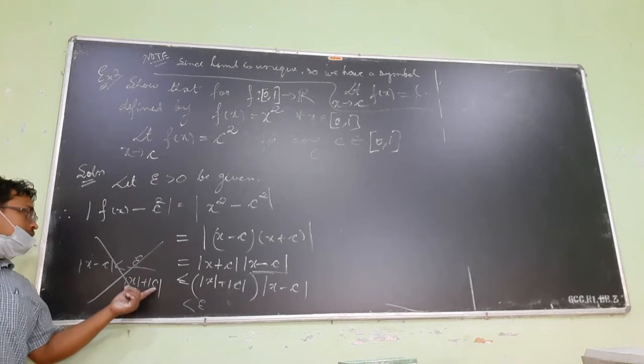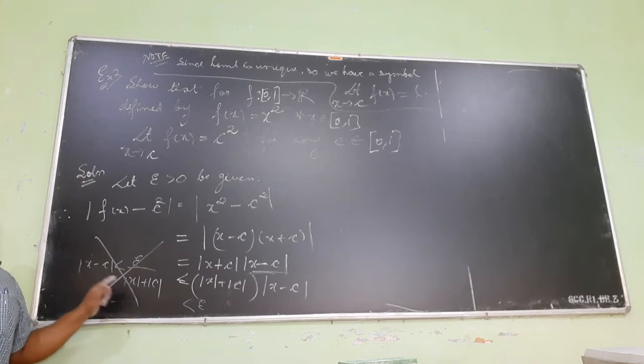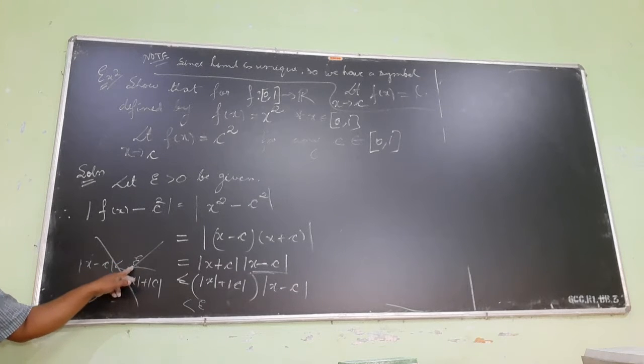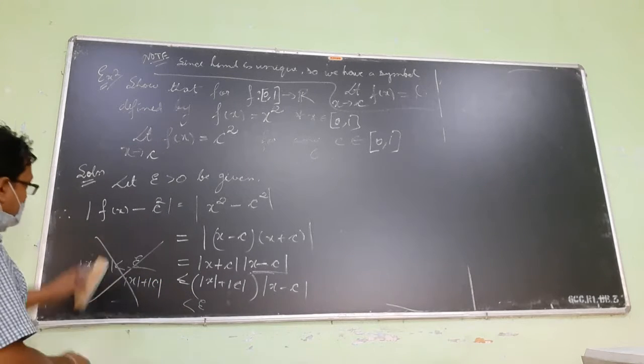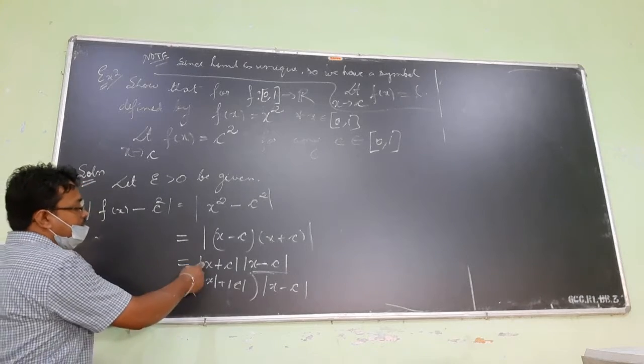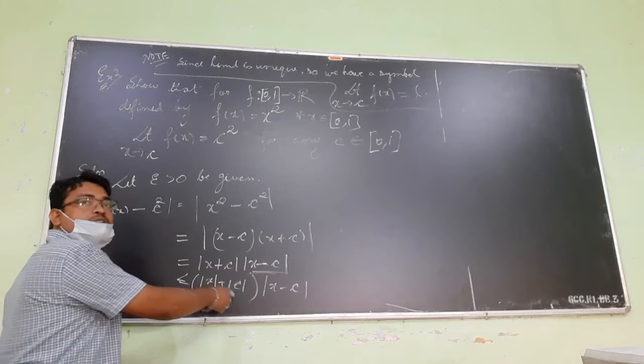I should make this quantity independent of x. This quantity should depend just on epsilon, not on x. Less than or equal to? It is the triangle inequality: mod of x plus c less than or equal to mod x plus mod c.